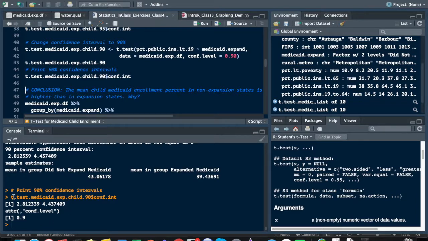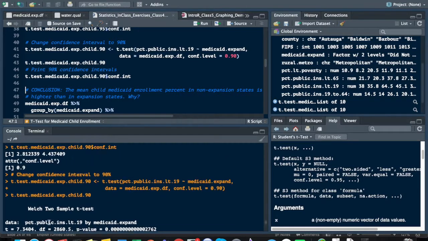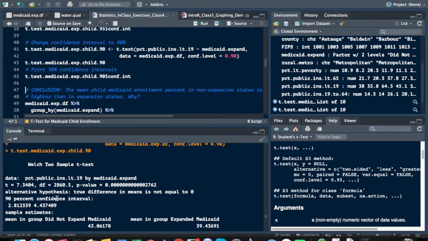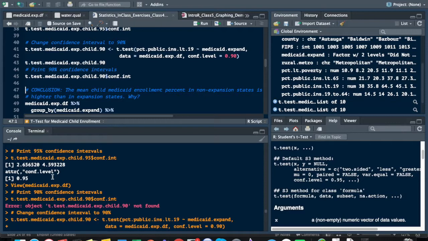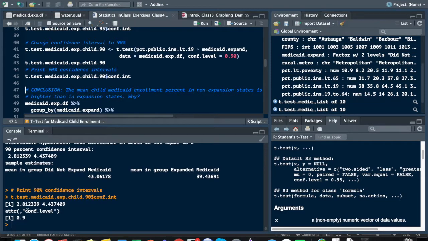Up here, our confidence intervals go from 2.7 to 4.6. If you look down here, it's narrower. Why would that be? The 95% confidence interval is always going to be wider than the 90% confidence interval because we're giving more room for error. So that is the difference between those two.